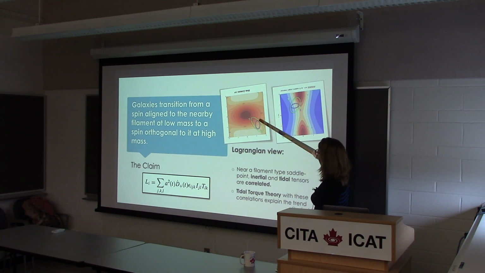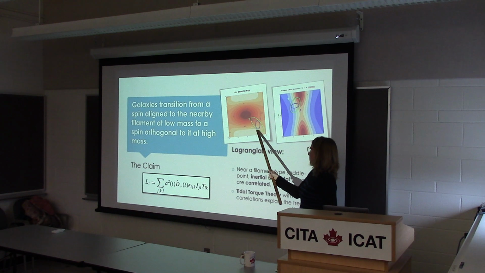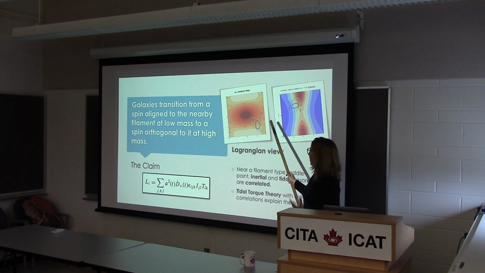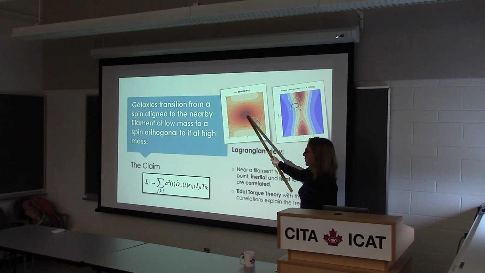Well, you expect its inertia tensor to be sensitive mostly to the wall overdensity, so its shape to be most likely oriented toward the wall. But if you look at the tidal tensor for this same proto-halo, it probes slightly larger scales, so it is sensitive to the walls and to the spine of the filament. So it's more like this.